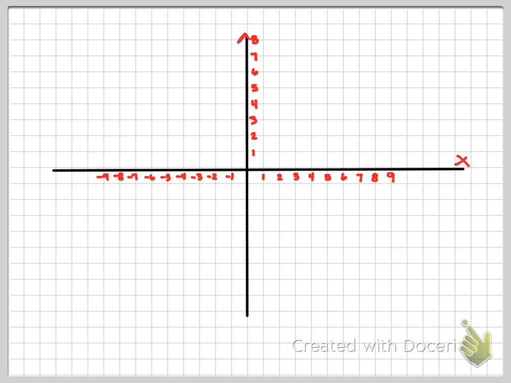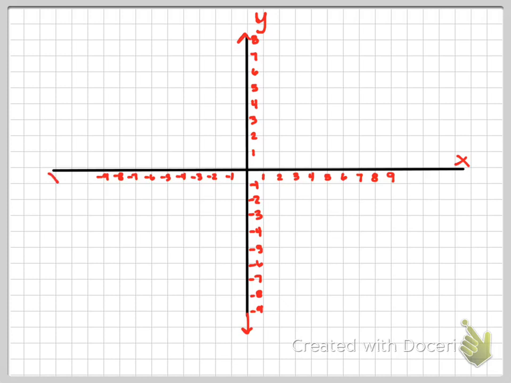And all my numbers are negative below the origin. I'm going to write a y here so I remind myself that this is the y-axis.